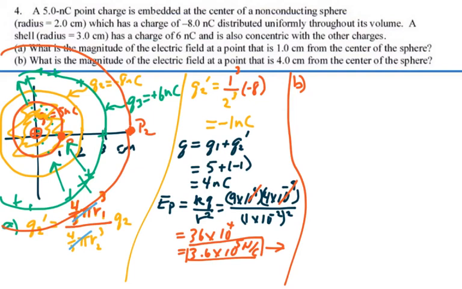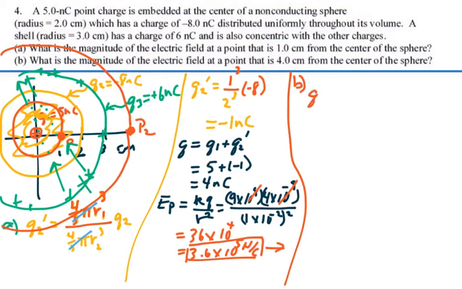So all this charge enclosed is going to contribute to the E field at point P2, and it's all symmetric. The shell and the uniform distribution and the point charge itself are all symmetric about the origin. So all their charges are going to add up and act like a point charge from the origin.